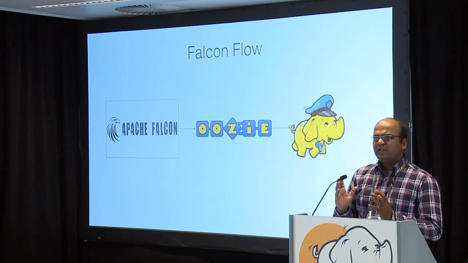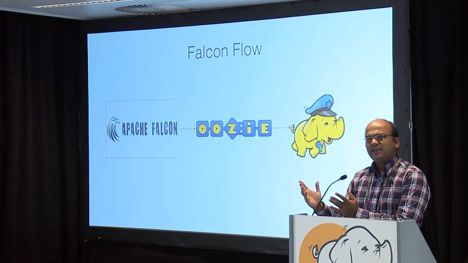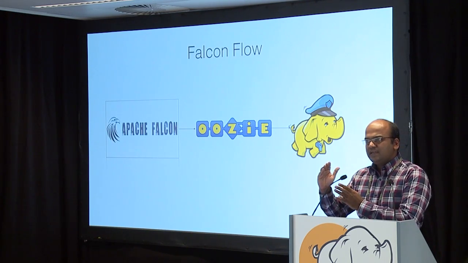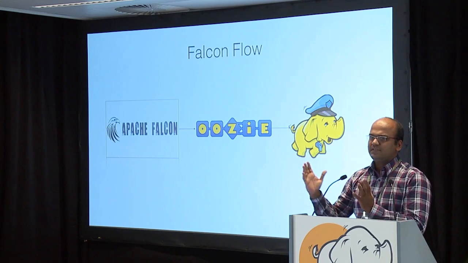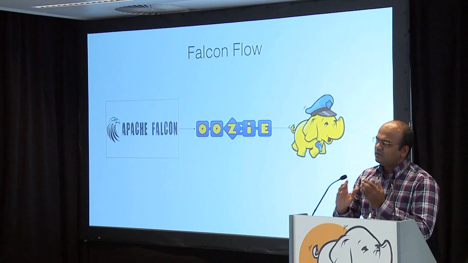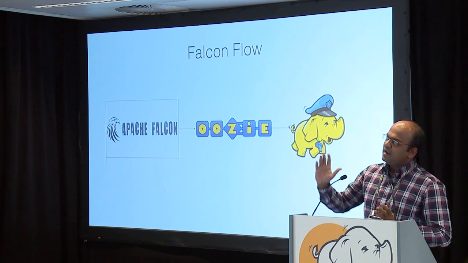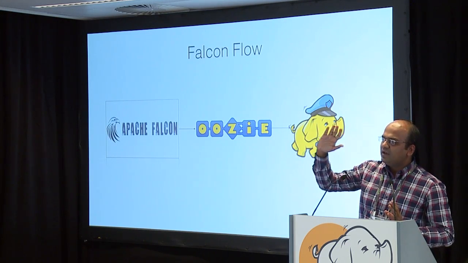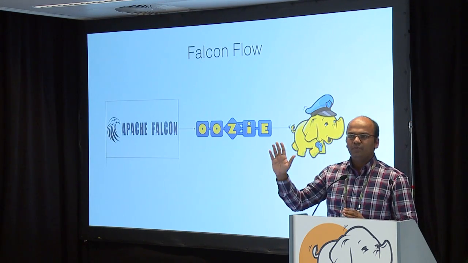Apache Falcon is about how I orchestrate this in a manner such that I can manage my pipeline well. As I said, it is data processing, which means there is a process involved, and you can safely assume that the process is nothing but a collection of one or more Hadoop jobs. I would also have something called a feed, which is nothing but a Hadoop path that contains my input data.